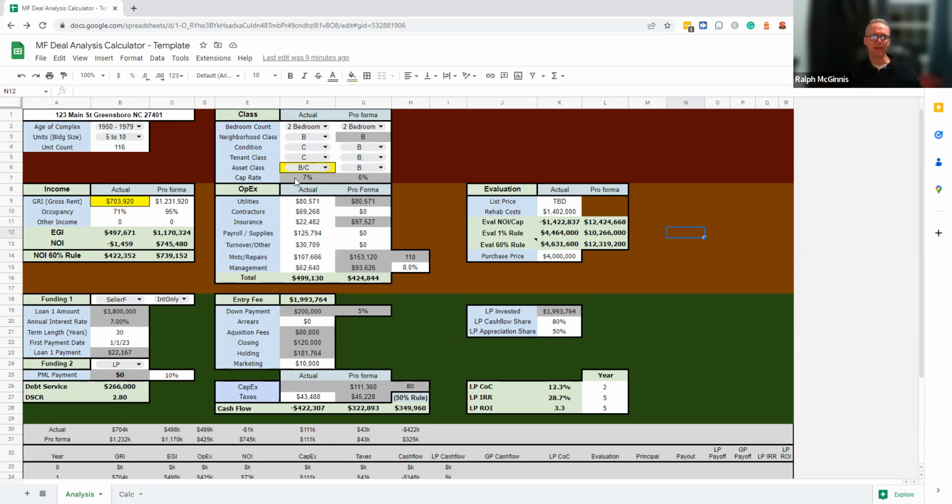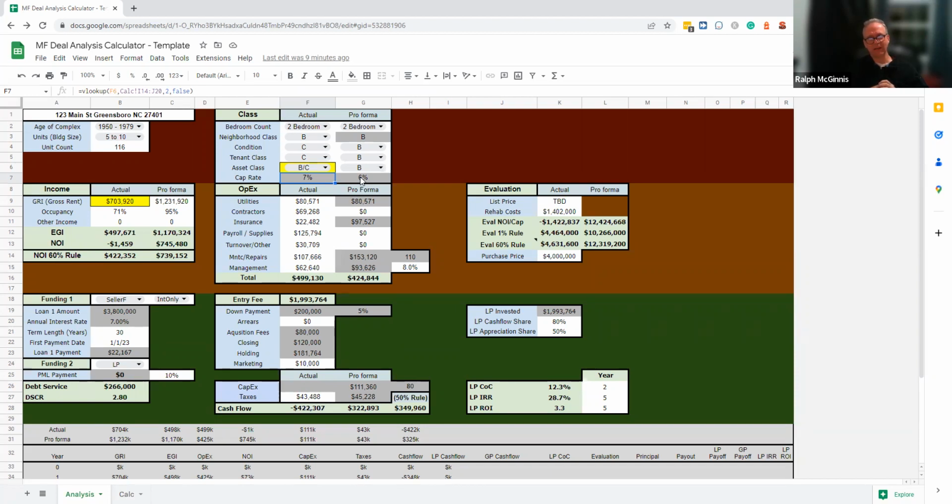And then the cap rate. Cap rate basically means that it's a formula of the NOI, net operating income, divided by the value of the property. The value of the property is kind of determined by your market.